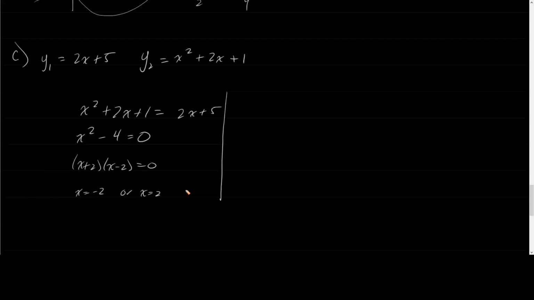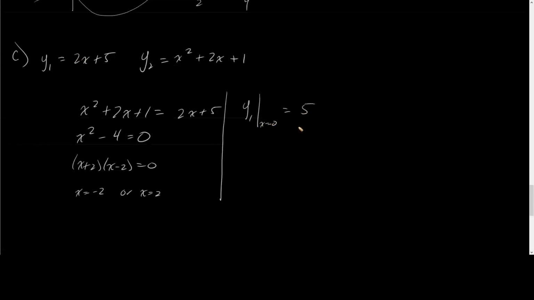Now to figure out which one's bigger within that region, we just need to plug in one of the values in between. So let's evaluate y sub 1 at x equals 0. When I do that, I end up with 5. And y sub 2, when I evaluate at x equals 0, I end up with 1.